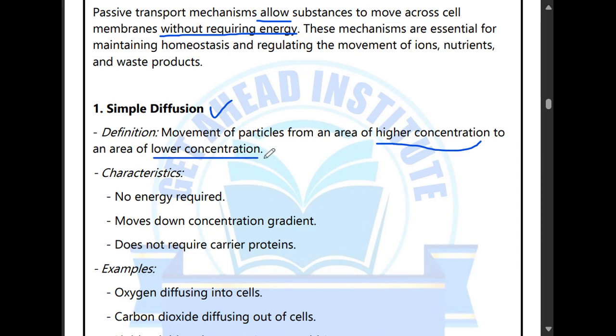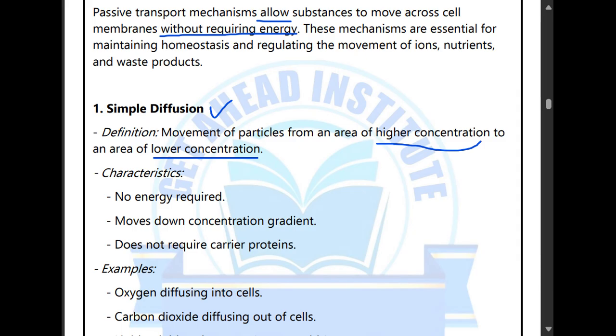There are key things that you must not forget when you are describing simple diffusion. I'm not saying that you need to write characteristics, but this is a guide of the important things that you should consider.